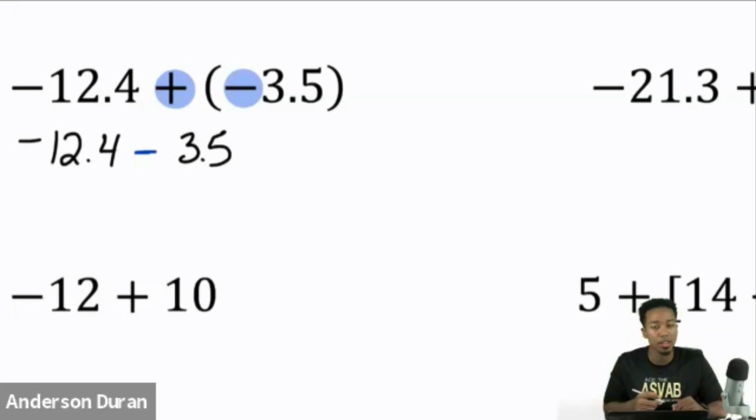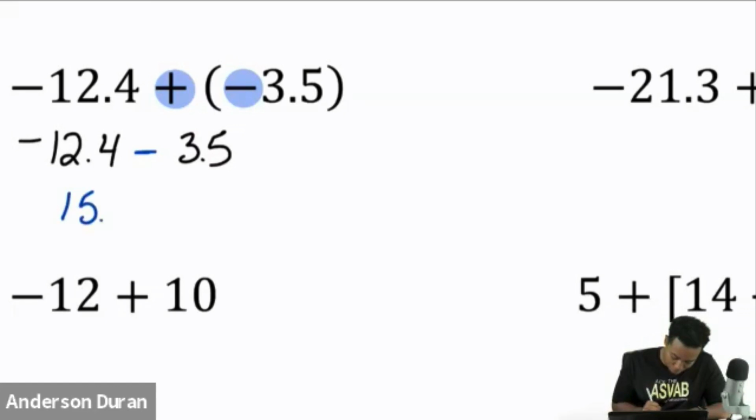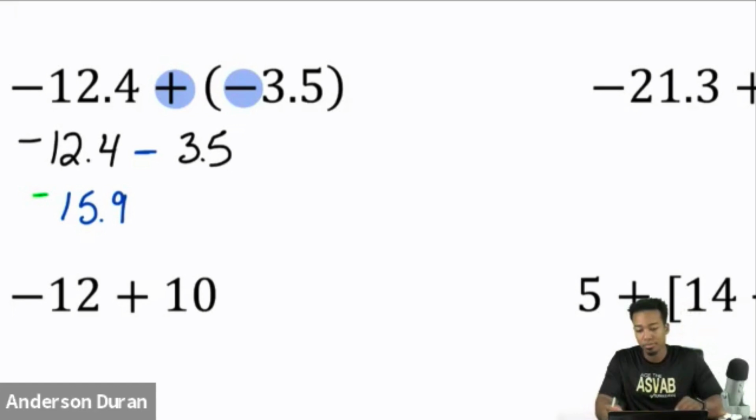Let's add those together. This isn't going to be very hard, because 12 plus 3 is 15. 0.4 plus 0.5 is 0.9. So what we end up having here is 15.9, but the answer is going to be negative. And there it is.